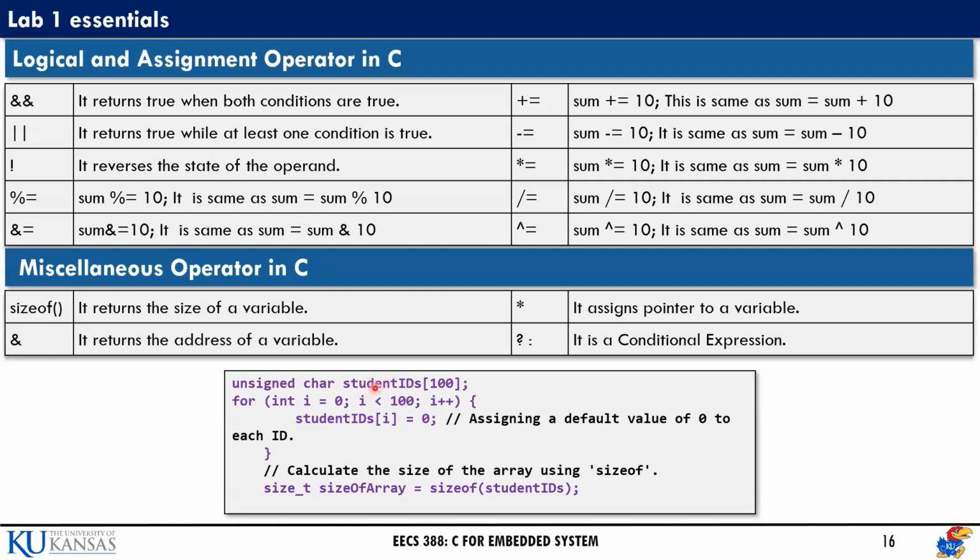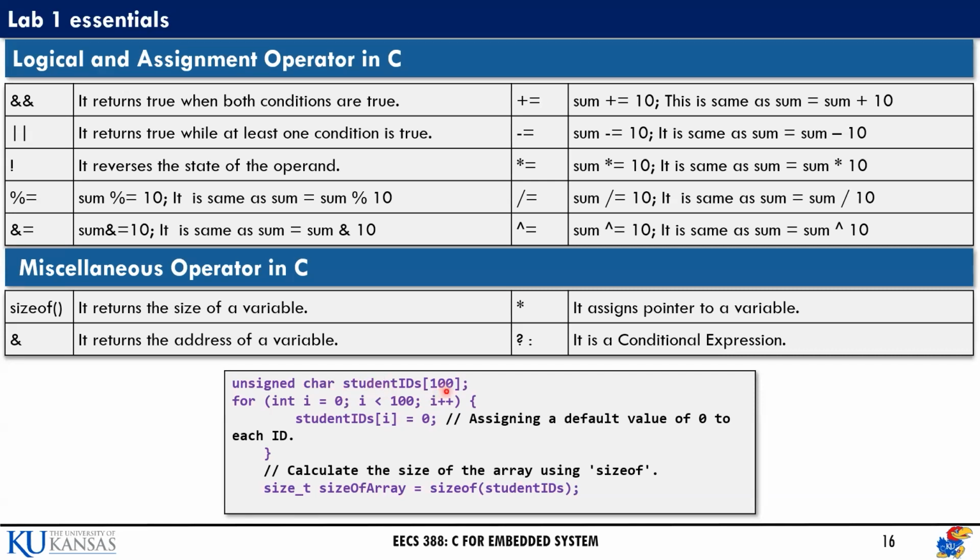an array as a character. So this array can now have 100 IDs, and each ID has a size of only 8 bits, right?